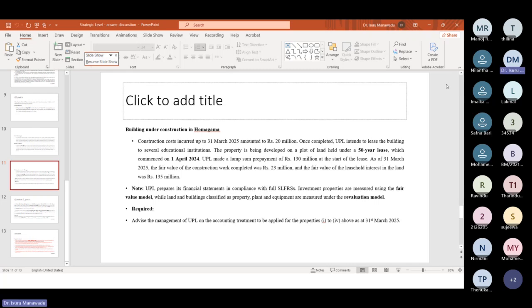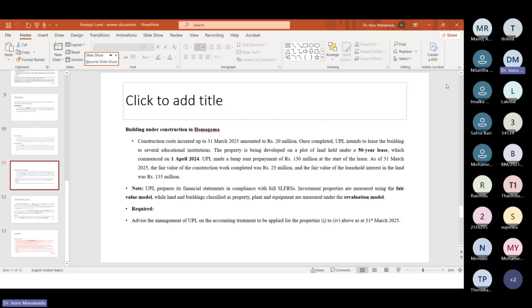That's the answer. Did you write it down? This Homagama construction is an IP. The IP needs to be recognized as per the standard. Initial measurement is 20 million at cost, and subsequently we can recognize it at 23 million. The change of 3 million between 20 and 23 million should be charged to P&L. And there is an application on the leasehold asset.